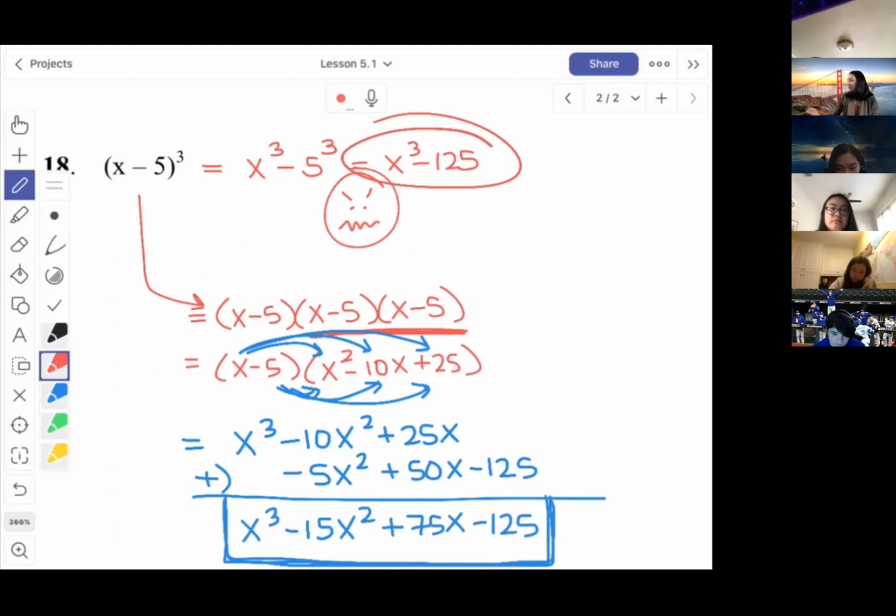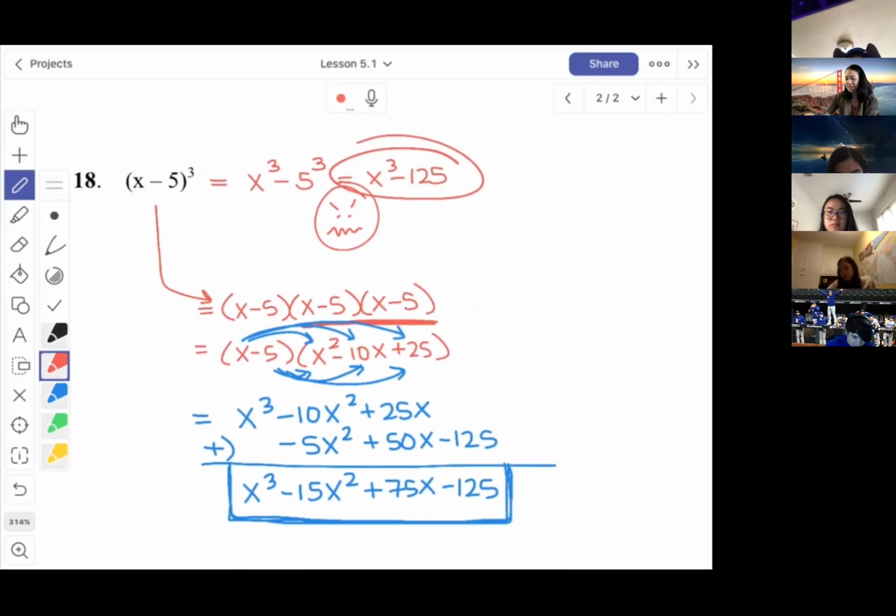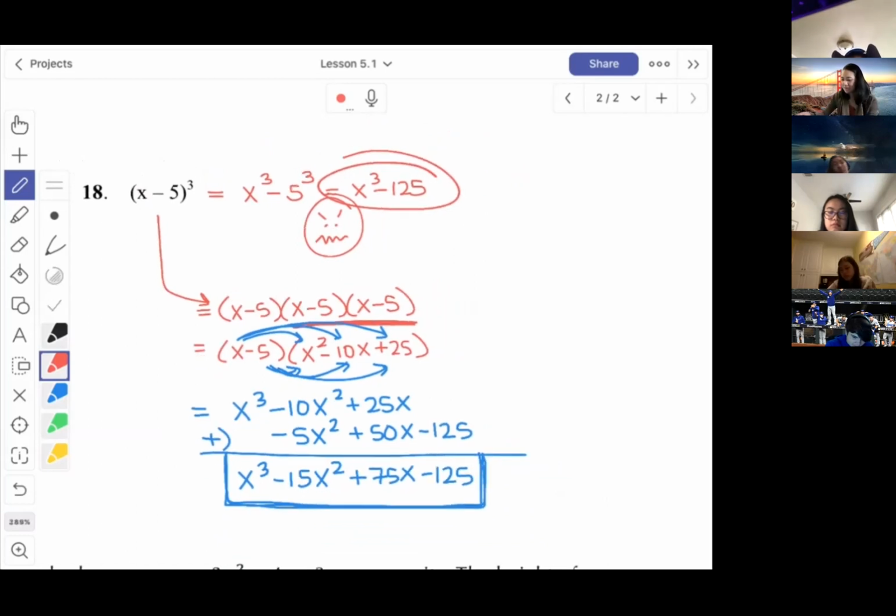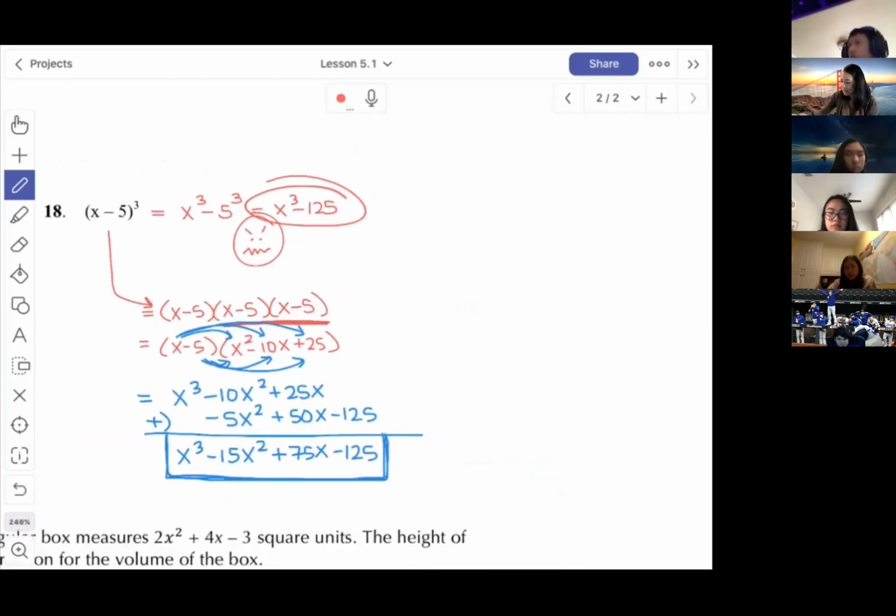Questions on that? I had a question. I'm not positive if this is even possible. For the most part, these equations end up being in this order. But if you were to get a problem like x to the third and then the x and then the x squared, would you have to put it in order of x cubed, x squared, x?